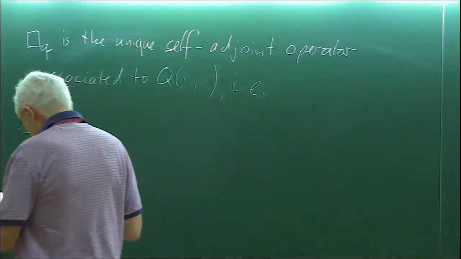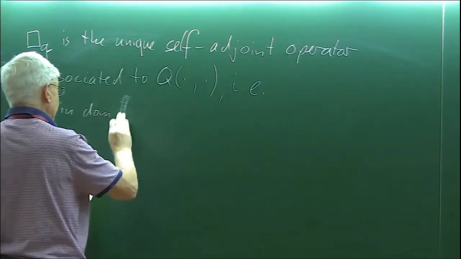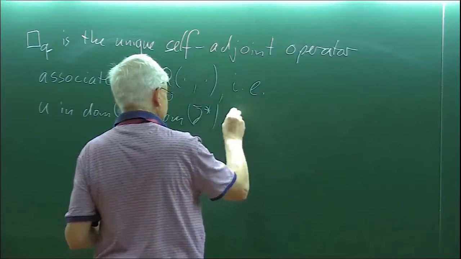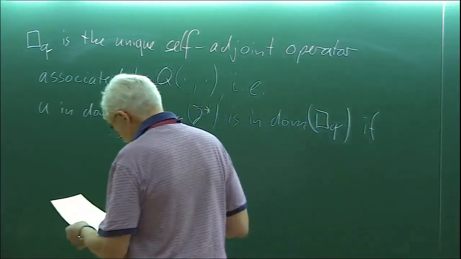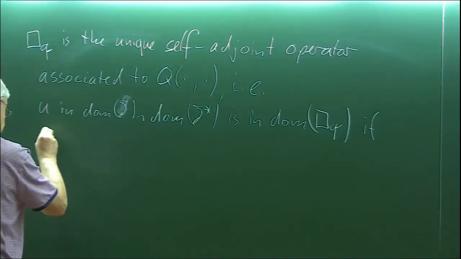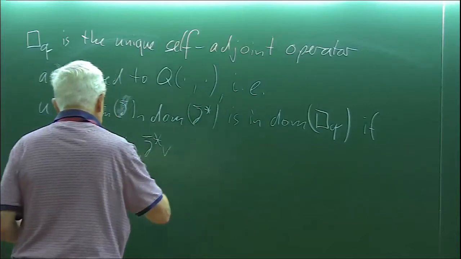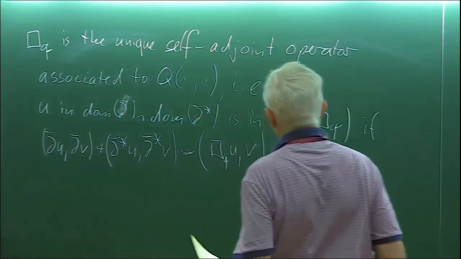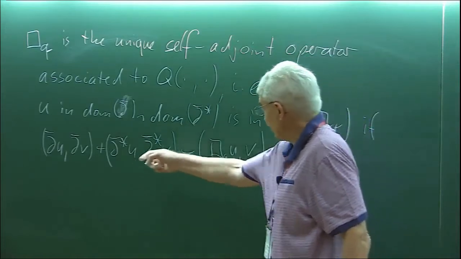I.e., a form U in domain d bar intersect domain d bar star, it's the form domain, is in the domain of box Q if we have d bar U, d bar V, plus d bar star U, d bar star V equals box Q U V. In other words, U is in the domain of box if there exists some form in L2 so that this holds.